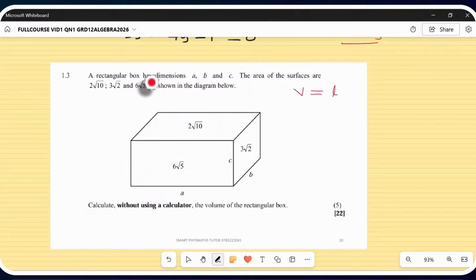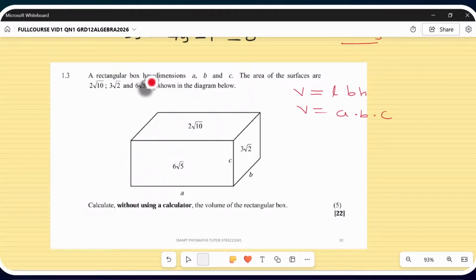From here I can divide by C, and I say my A equals 6 root 5 divided by C. Then, because I've got a C here, I can talk about BC, this other side here.